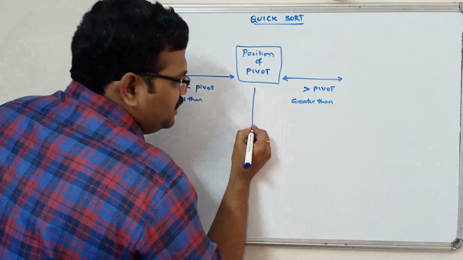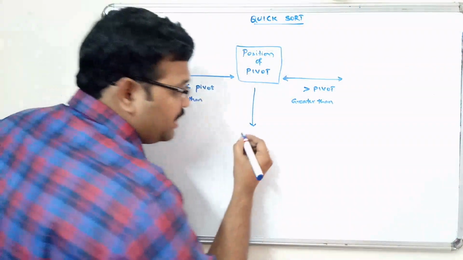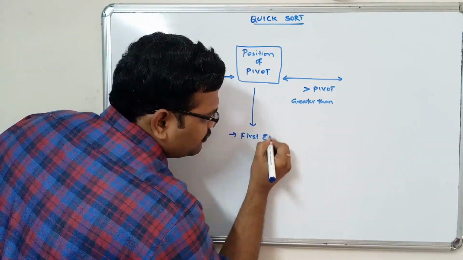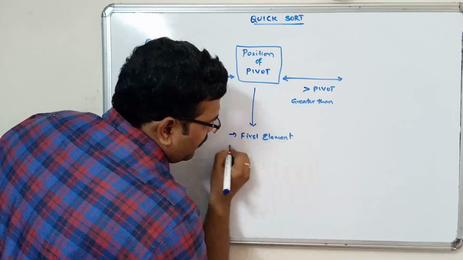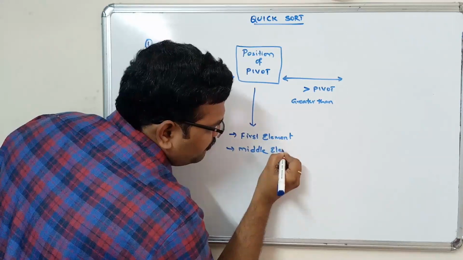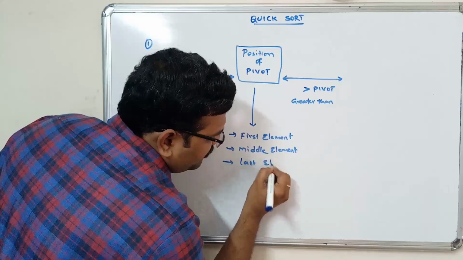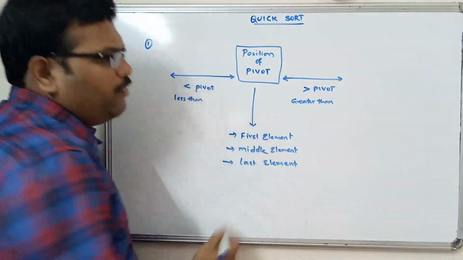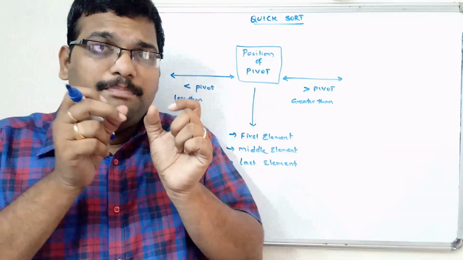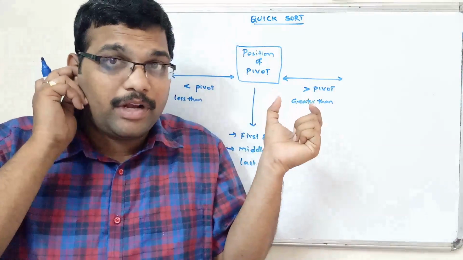The pivot element can be considered as the first element, the middle element, or the last element. So we can consider any element as the pivot, and based upon that pivot we have to find its position.